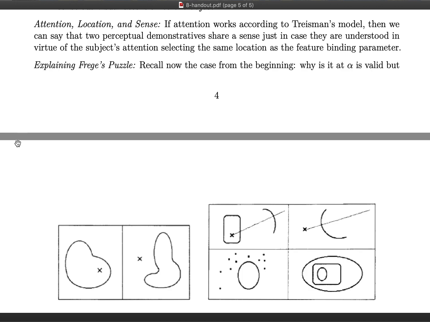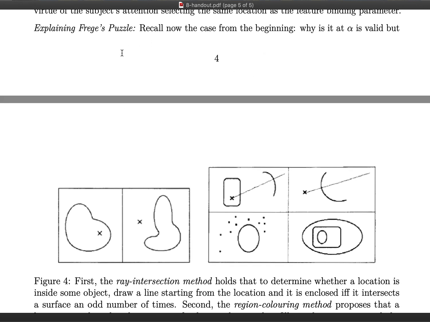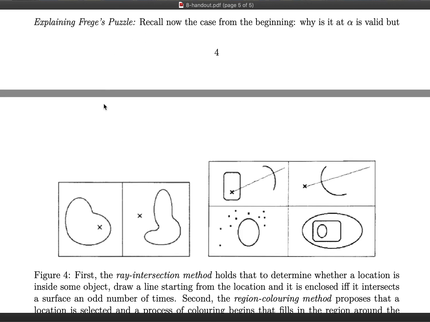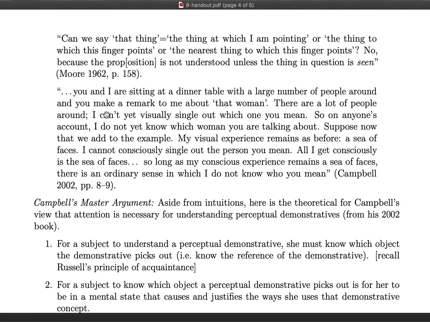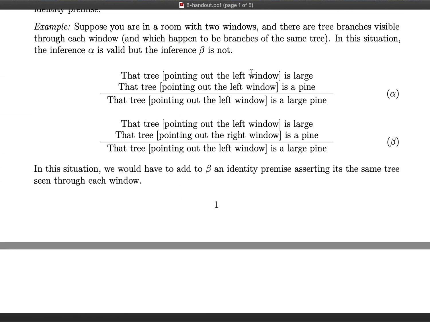So now, if we recall the case from the beginning with the two trees, the tree which you see the different branches of out of the different windows, we can now explain why in the case where you point out the same window in each case, that's valid, but why this is not valid.